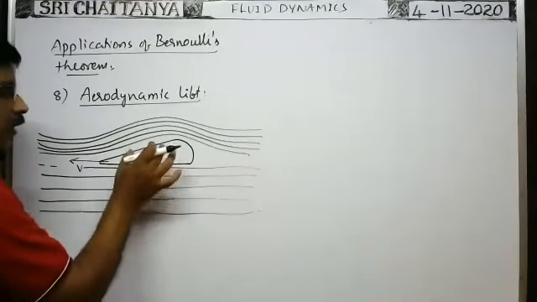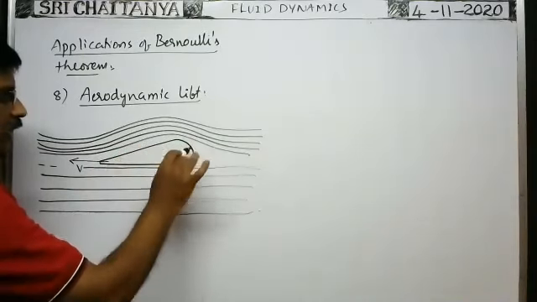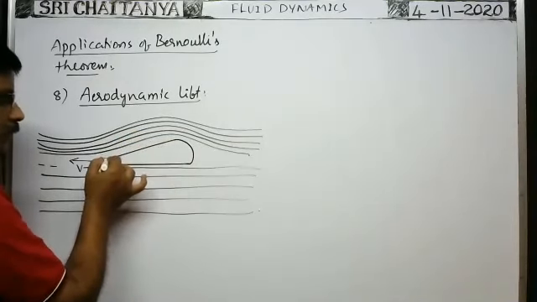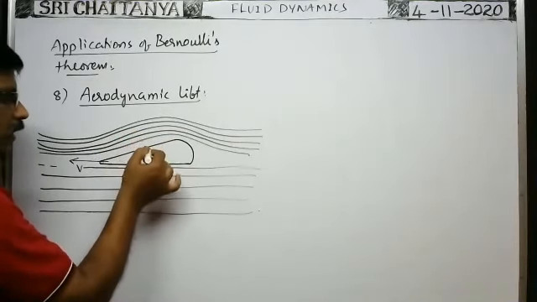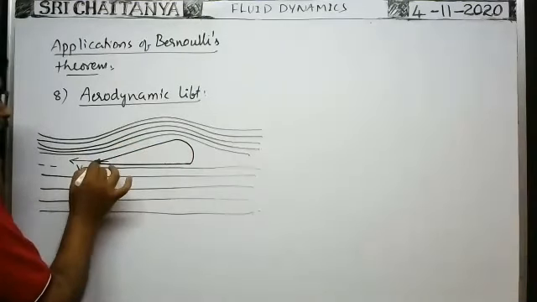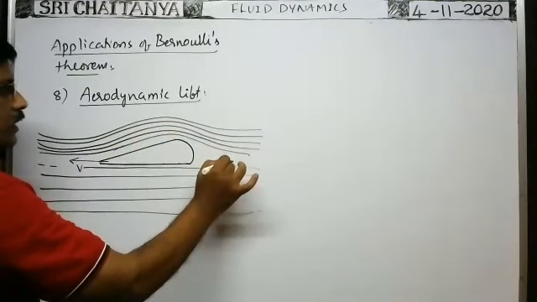But here, when you observe the cross section of the aircraft wing closely, the top of the wing is inclined like this. Because of that, when the air particles reach the wing, they immediately fly off with more velocity over the wing.